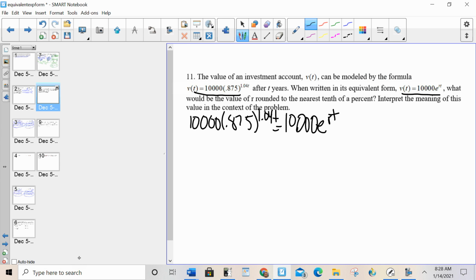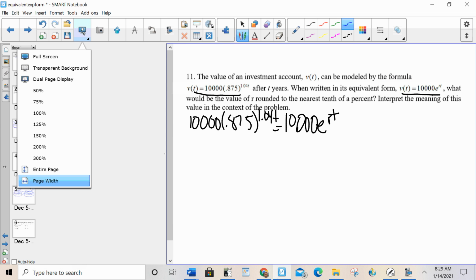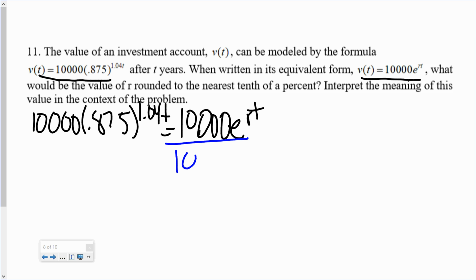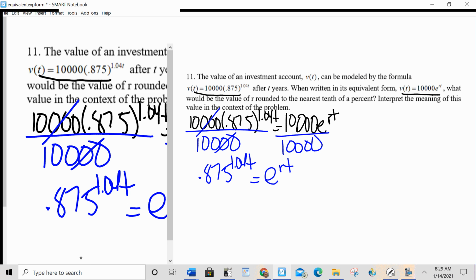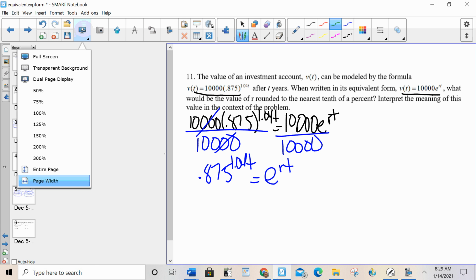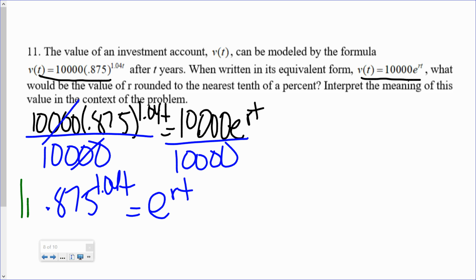So I want to solve for r. The first thing I'm going to do is divide by 10,000. I get 0.875 to the 1.04t equals e to the rt. Next, I'm going to do ln of both sides, since it's an e and it's an exponential equation.